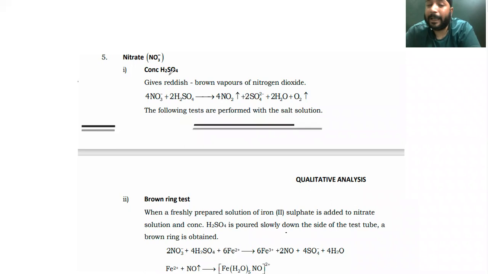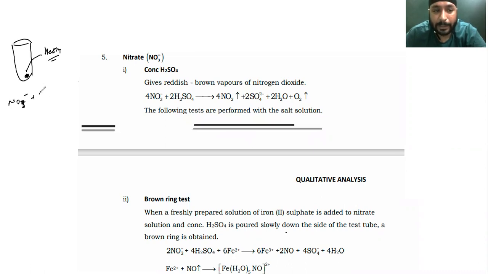Now I do have a nitrate ion test. Again you take a salt. In that salt put concentrated H2SO4. Just add some amount of H2SO4 in it. Now when you're adding H2SO4 inside it, this NO3 minus will react with H2SO4.